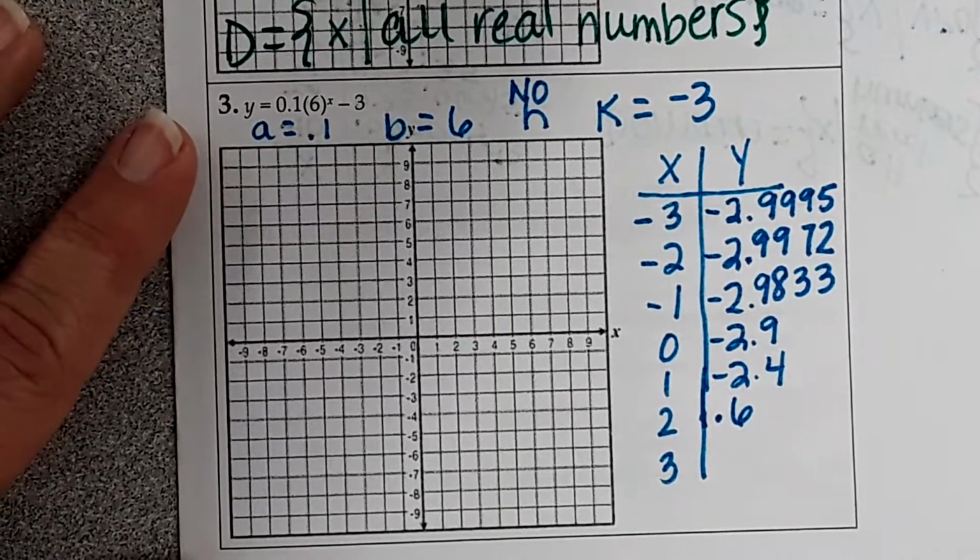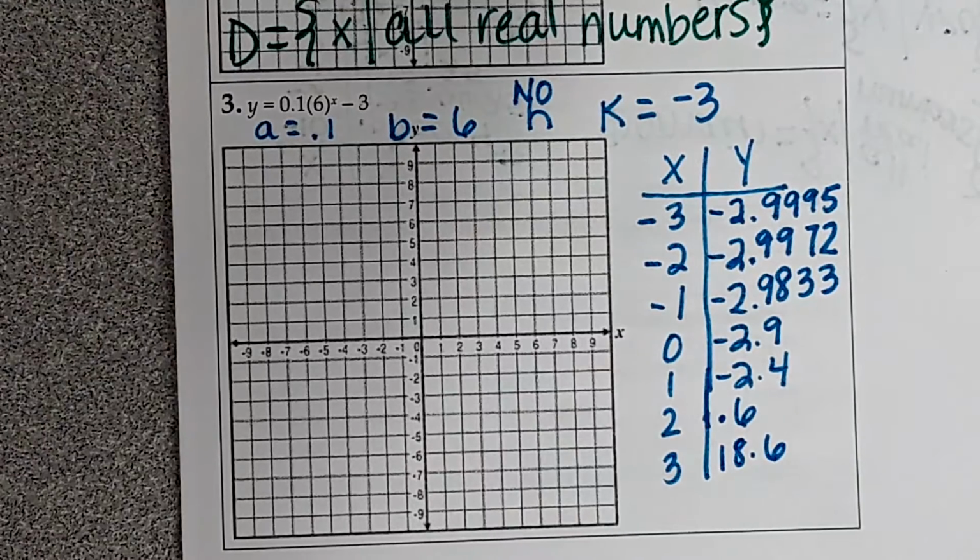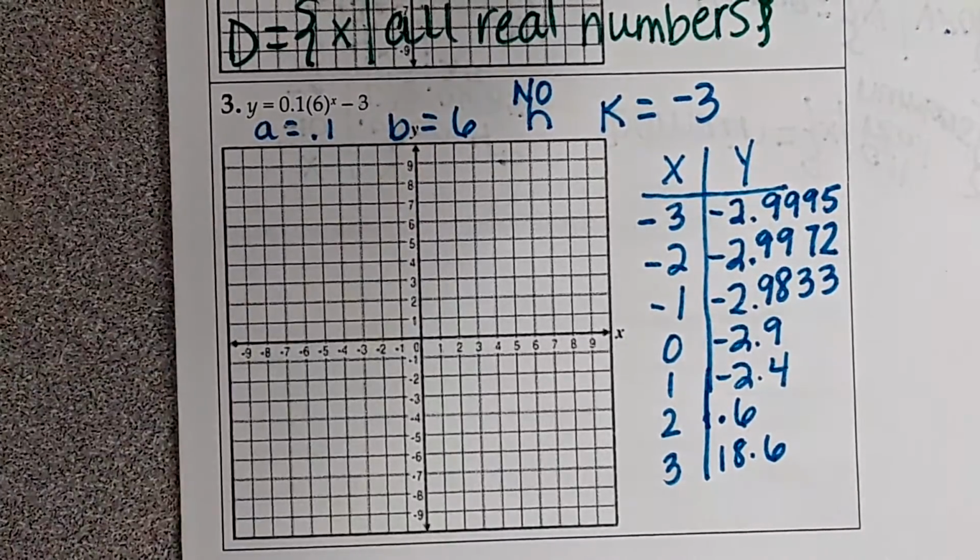What did you get? 18.6. Okay. Do you guys see how it just did that massive jump, right? So tonight, I would just start your graphing. In the workbook, I've given you some graphing on both pages. So you might want to get some of those started. And then tomorrow we'll finish this up, okay?